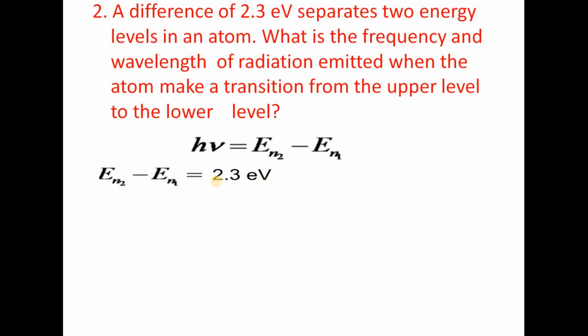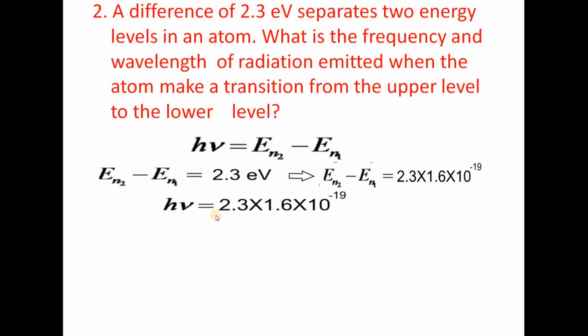So we have to convert electron volt into joules because joule is the SI unit of energy. That is what is done here. En2 minus En1 is equal to 2.3 into 1.6 into 10 power minus 19. This must be equal to h nu.